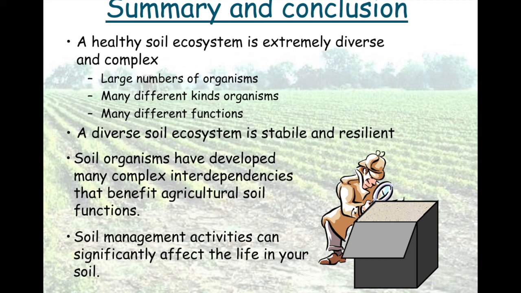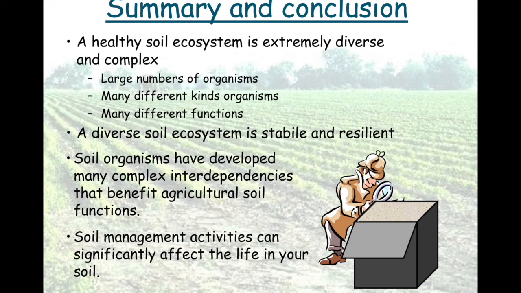Number one, such as the increased intensity of tillage, which tends to decrease the microbial diversity and microbial biomass. Application of lime or fertilizer to infertile soil tends to increase microbial activity and biomass, and the addition of organic materials such as manure tends to increase microbial biomass and activity.